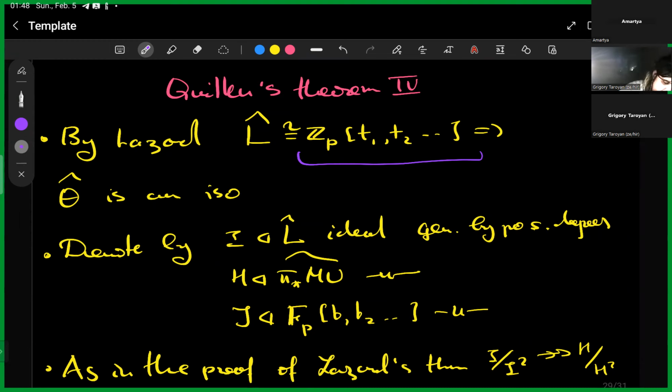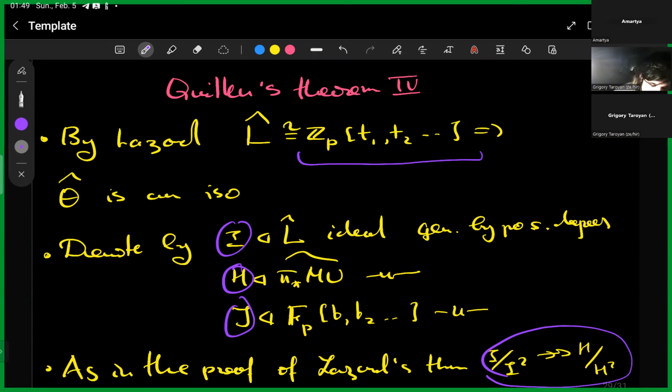Let's denote by I, H, and J sort of canonical augmentation ideals, just the ideals that contain all polynomials of positive degrees. From the proof of Lazard's theorem, we know that we have an epimorphism between sort of cotangent spaces of L and of L hat and P MU hat.